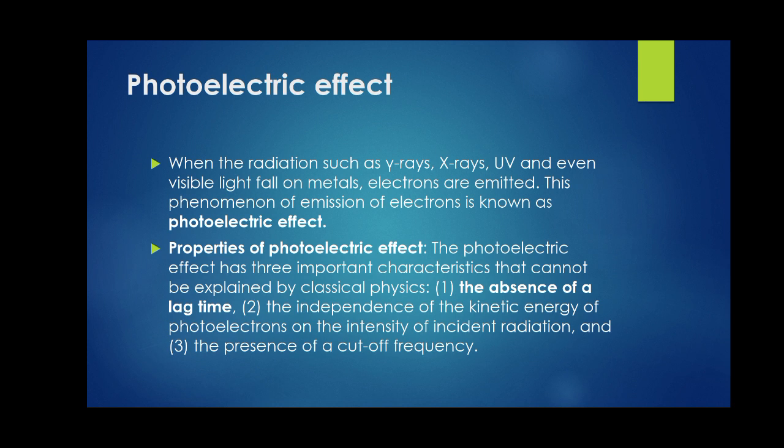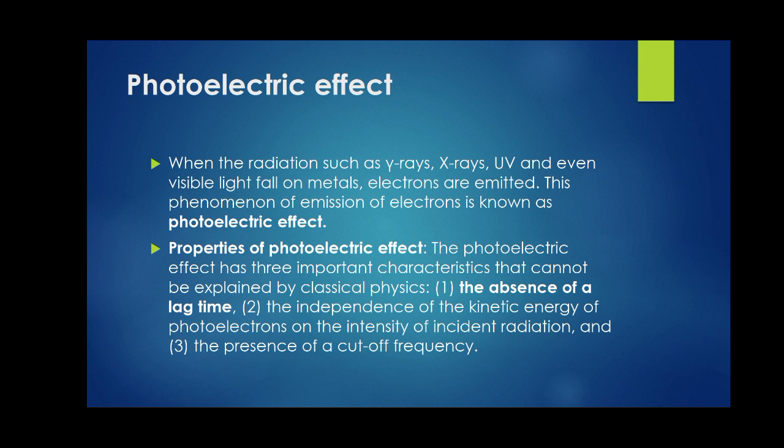Let us see some other important points of the photoelectric effect. When radiation such as gamma rays, X-rays, ultraviolet radiation and even visible light falls on metals, electrons are emitted, or I could say ejected.